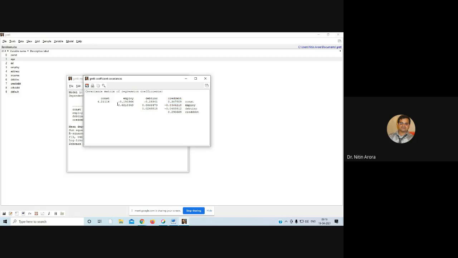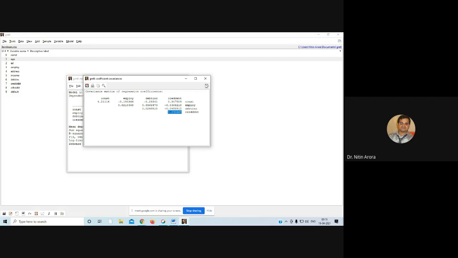All diagonals are basically variances of parameters. This is variance of beta 1. Covariance of beta 1 and beta 2, covariance of beta 1 and beta 3, variance of beta 2, covariance of beta 2 and beta 3, and this is variance of beta 3. So this is the variance covariance matrix.